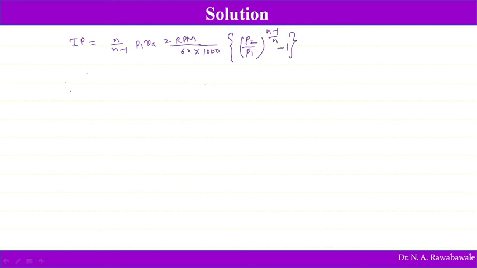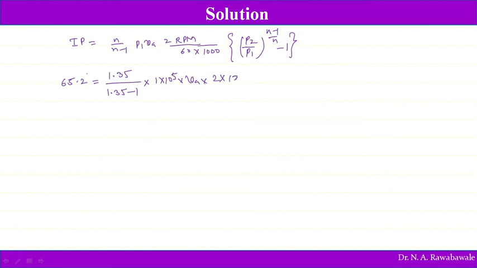The indicated power is given as 0.5 kilowatt. The n value is known, n equal to 1.5, given in the problem. P1 is 1 bar, which means 1 into 10 to the power of 5. We want to find Va.